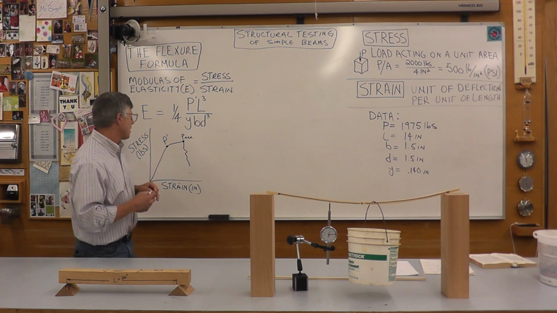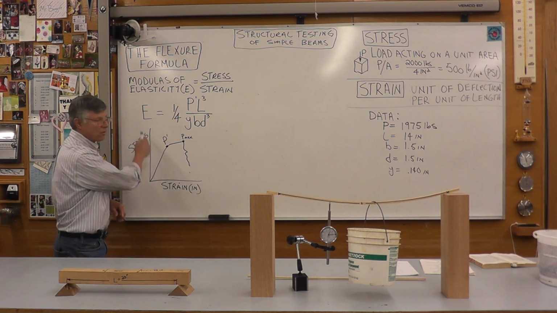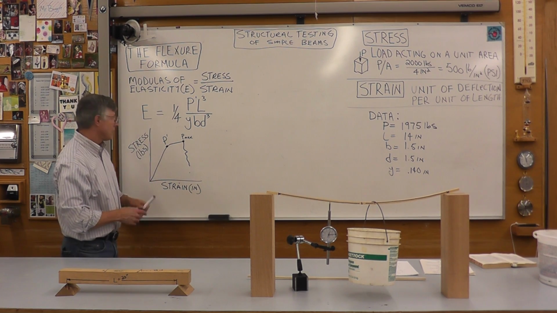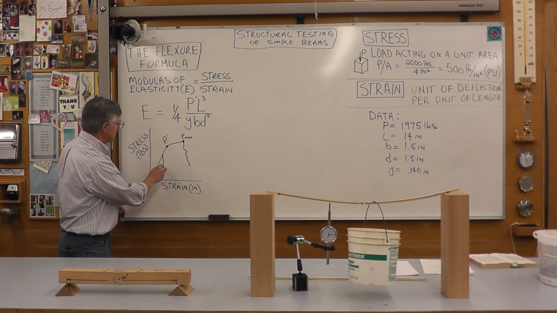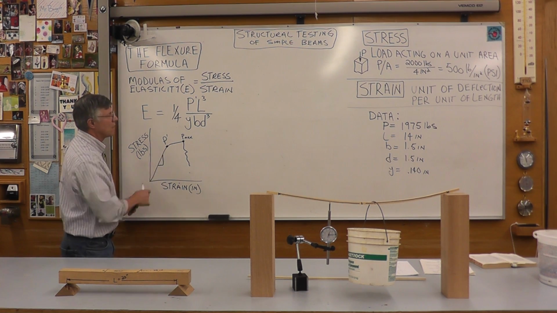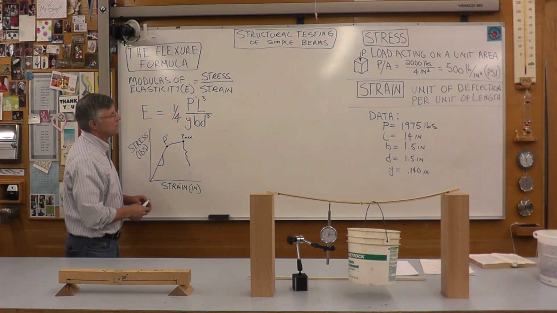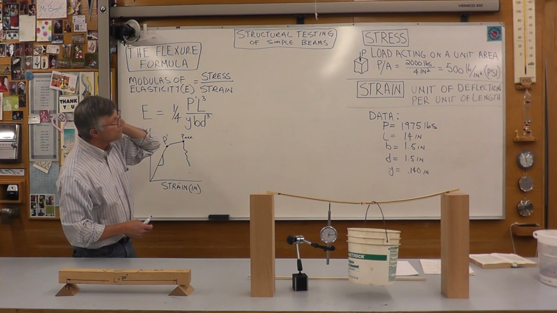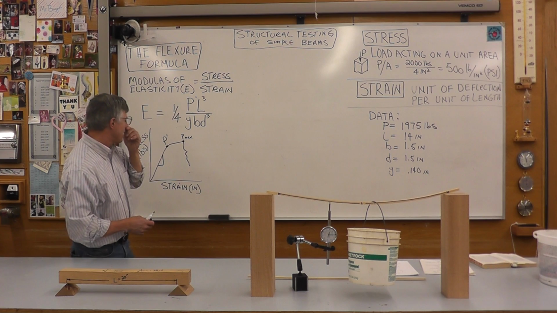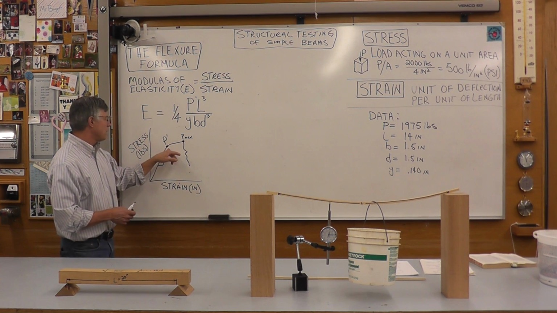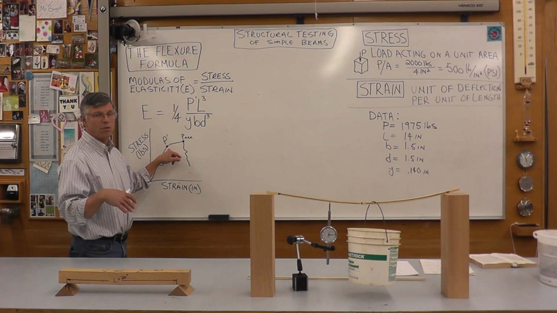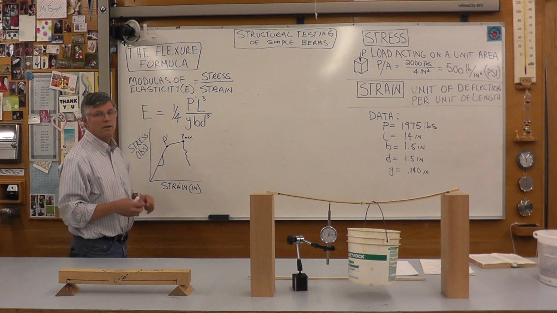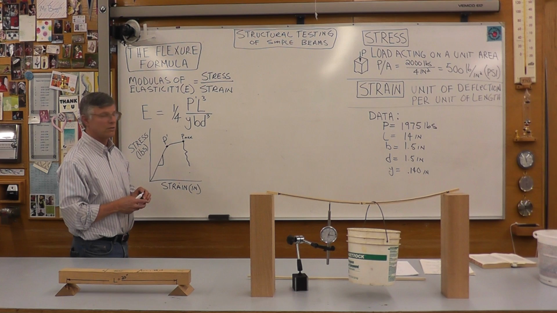Again, if you remember back to our graph of this data, as you load the beam, this slope is a constant. That's Hooke's law. I still have the definitions of stress and strain on the board. P prime is the load at the proportional limit, the point of no return where this material is not going to return to its original shape.